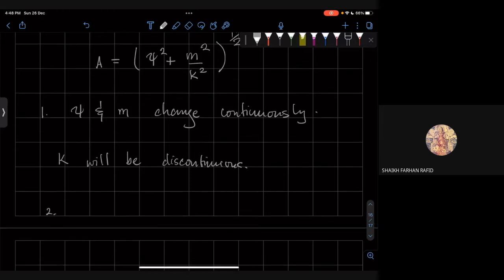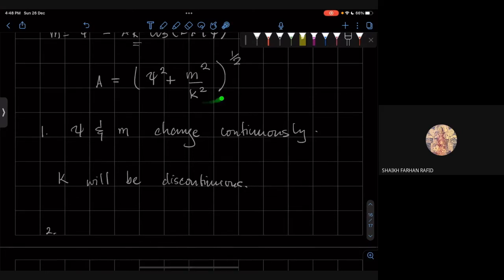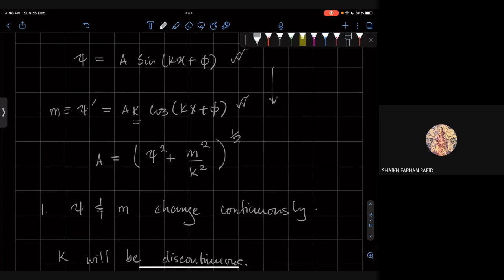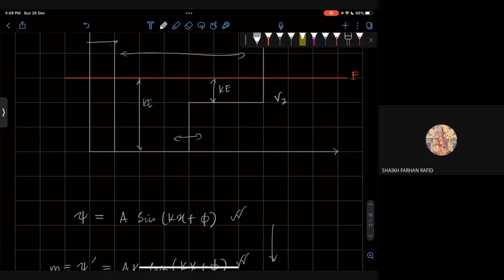Observation number 2 is that, just from this example, when k decreases, A increases, right? Or k squared decreases, A increases. That means that the part of my potential where k is small, the amplitude will be larger.